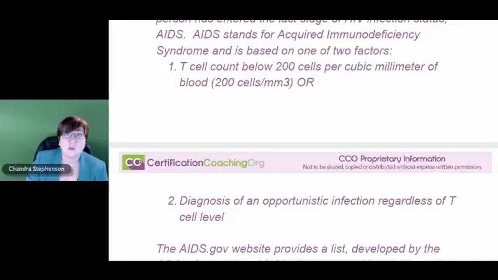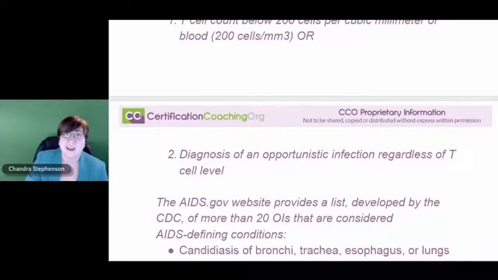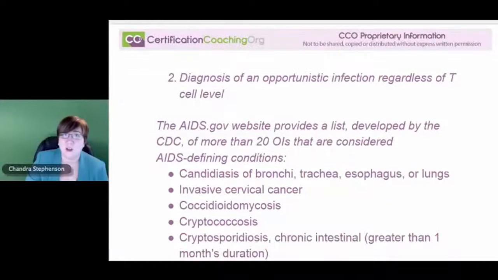For a patient to be diagnosed with AIDS, they either have to have a T cell count, or that CD4 count, below 200 cells per cubic millimeter of blood. So that's a very, very small amount. Or they have to be diagnosed with an opportunistic infection. If they've been diagnosed with an opportunistic infection, it doesn't matter what their T cell or their CD4 count is. They, by definition, have AIDS.